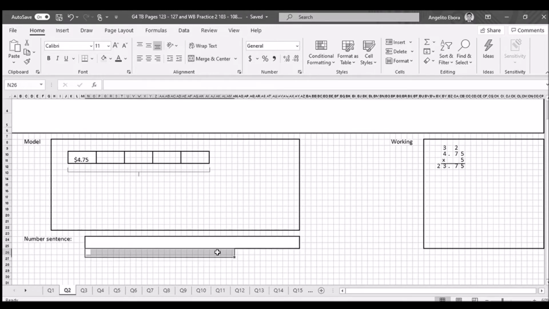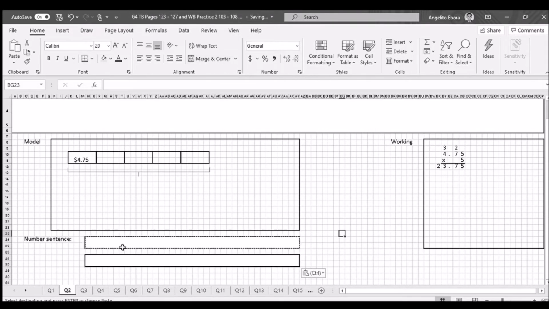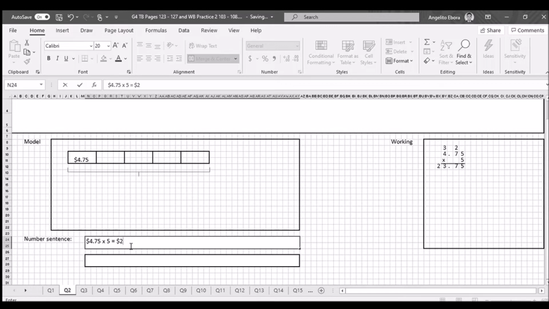Okay. I think I need to add another line here. Okay. So for our first step, we have to write $4.75 multiplied by 5 will get $23.75.